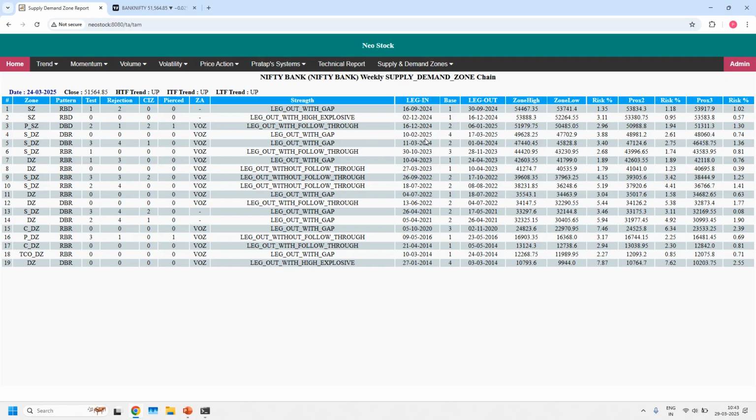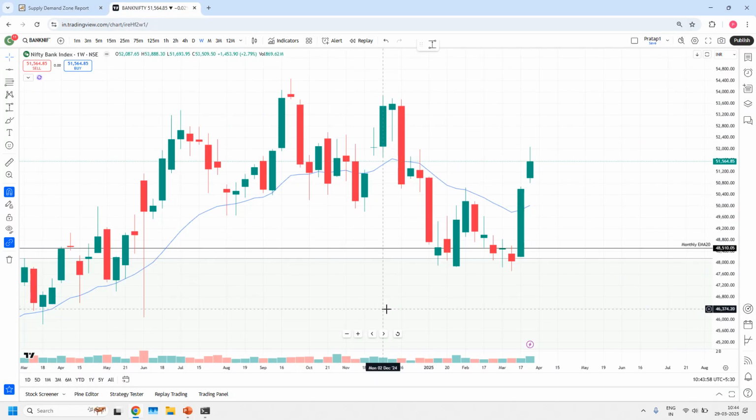Let us draw this. When this zone was created, 10th February 2025, this is the one. After that 1, 2, 3, 4 base candles and then a rally candle.